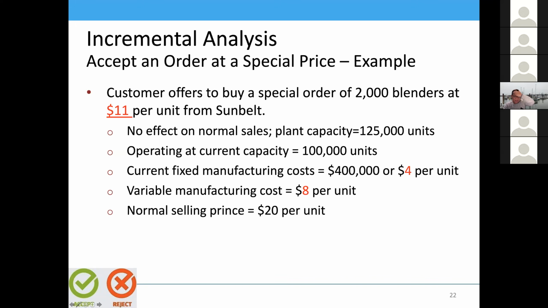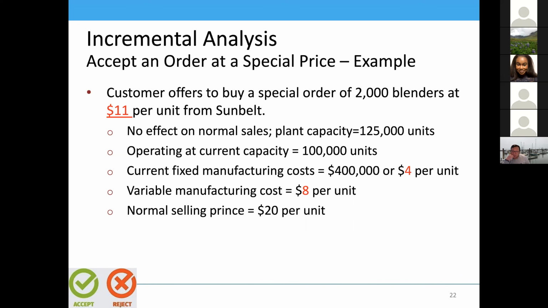Patricia? I think I don't take that order. You don't take that order? No, because if I lose money, there is no point to have that order. I reject that order. So are you saying this order will make you lose money? Yep. Why?